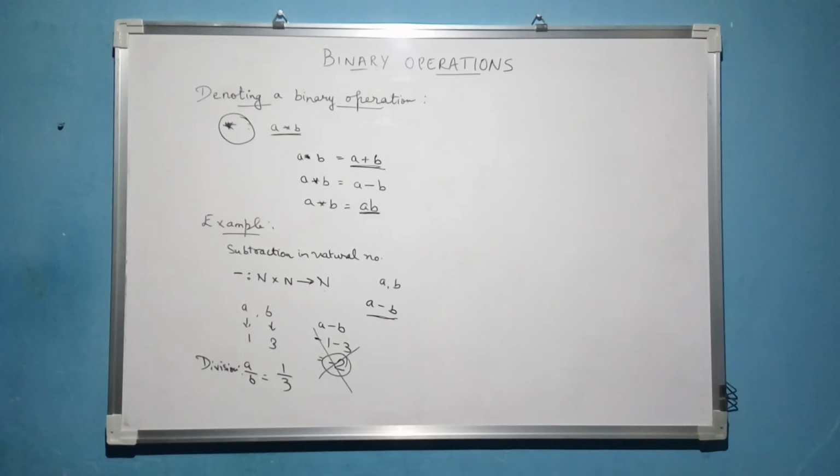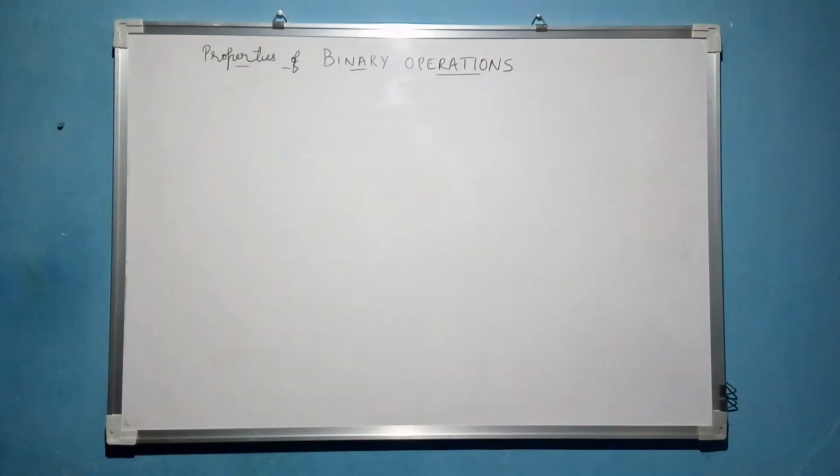Okay. Now we'll go to some of the properties of binary operations. The first thing we need to know is that a binary operation is just a special case of a function, right?